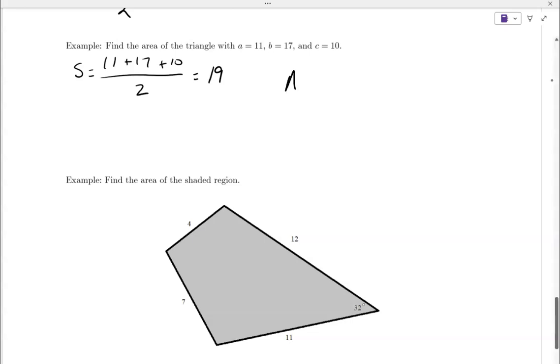So then your area is just the square root of 19 times 19 minus 11. Yep, 8, good. And then 19 minus 17, so you get 2. And then 19 minus 10 will give you the 9.